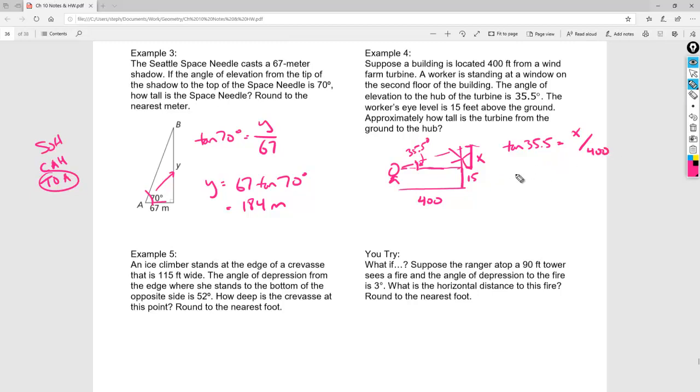Right, that means that x will be 400 times tangent of 35.5 degrees, or 285 feet. Okay, now we have to add this extra 15, so that means that my total height is going to be 300 feet even.